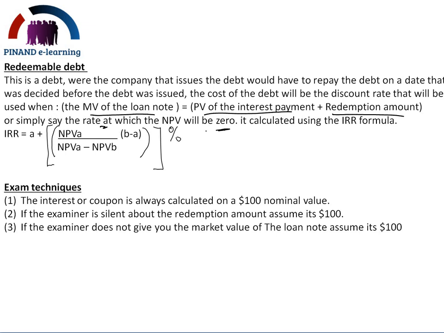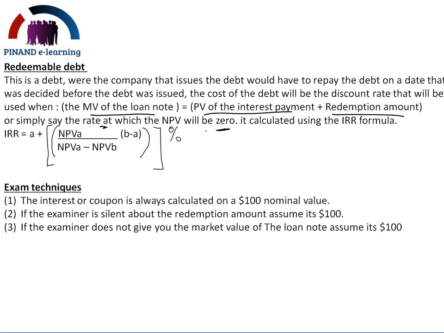What we're trying to say is, what is that rate where the market value will be equal to the total of all the present values of the interest payments, including the redemption amount. So we can only use IRR to calculate the cost of debt.